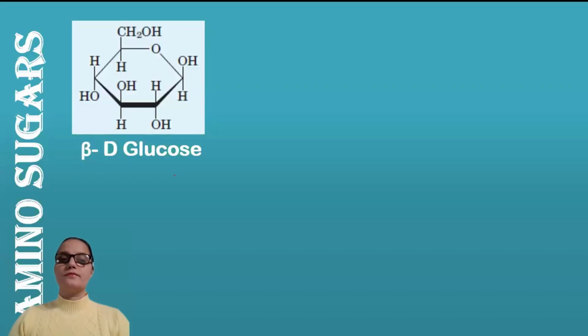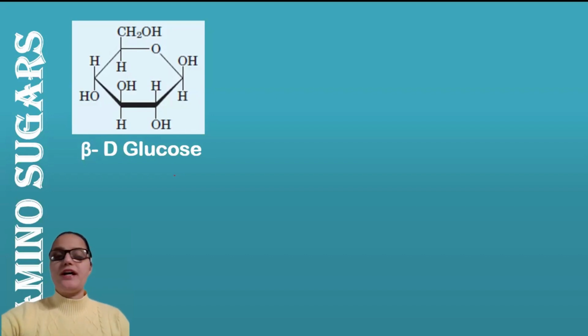Now, we need to discuss these structures in detail. Let's start with the first ones, which are called the amino sugars. So this is the most abundant and most commonly occurring monosaccharide, which is the D form of glucose, that is beta D glucose.